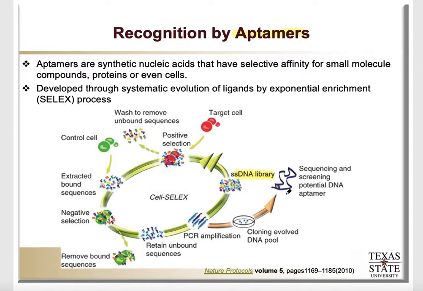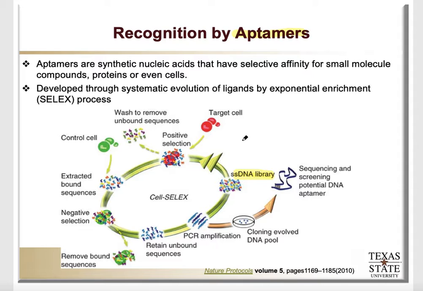And again, since we're starting with a random pool of nucleic acids, what we're basically saying is that by chance, one of those nucleic acids is going to fold into the right tertiary structure to be able to fit within an epitope on our target, any kind of epitope.